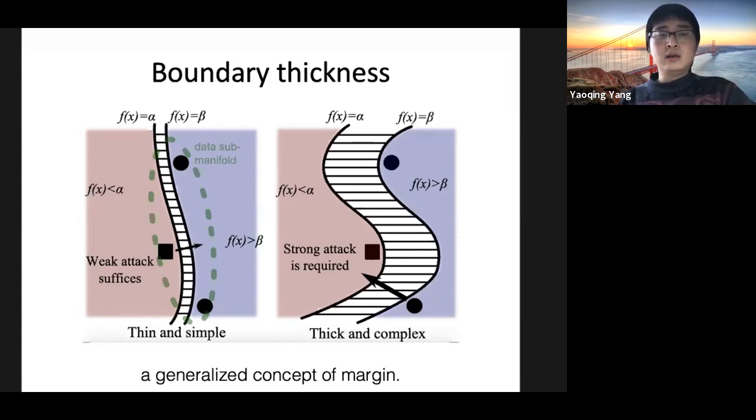But if we want to make a concrete connection, we first have to define what we mean by model complexity, and whether we actually have a way to measure that. Clearly, we cannot just say this model has more parameters, so it's more complex. It's not as simple as that.